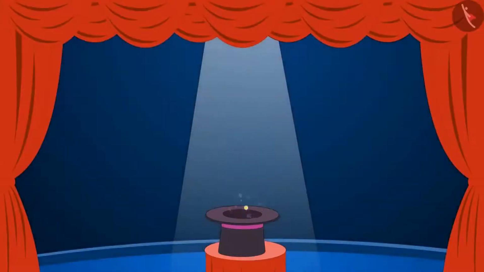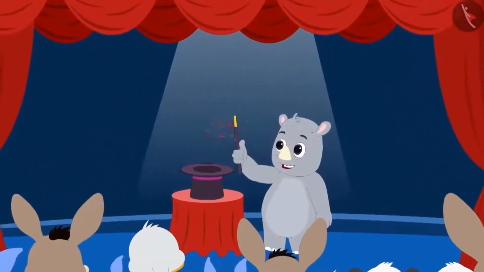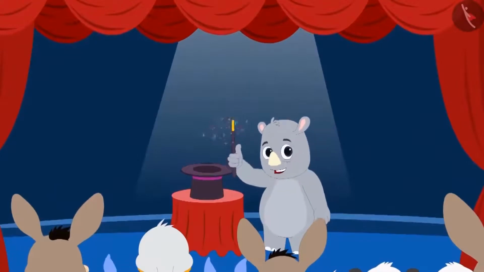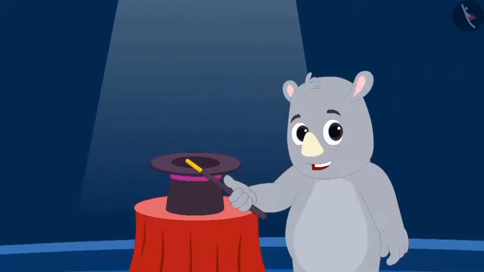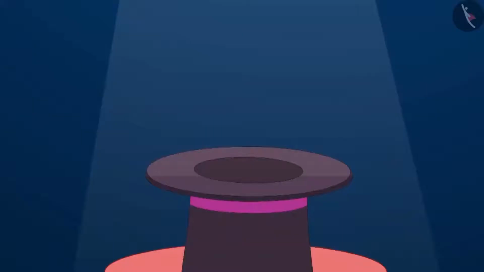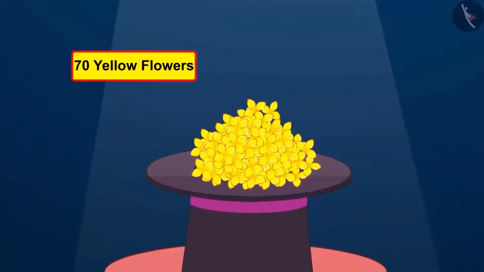In this lesson, we will learn when to use addition or subtraction in a puzzle. Today, Gaggu is conducting a magic show in the village. First magic has begun. He has kept in a flower vase 70 yellow flowers.